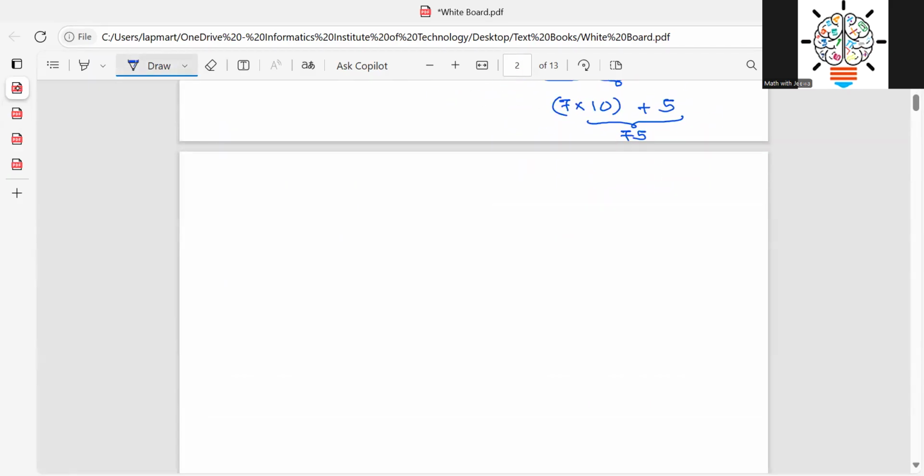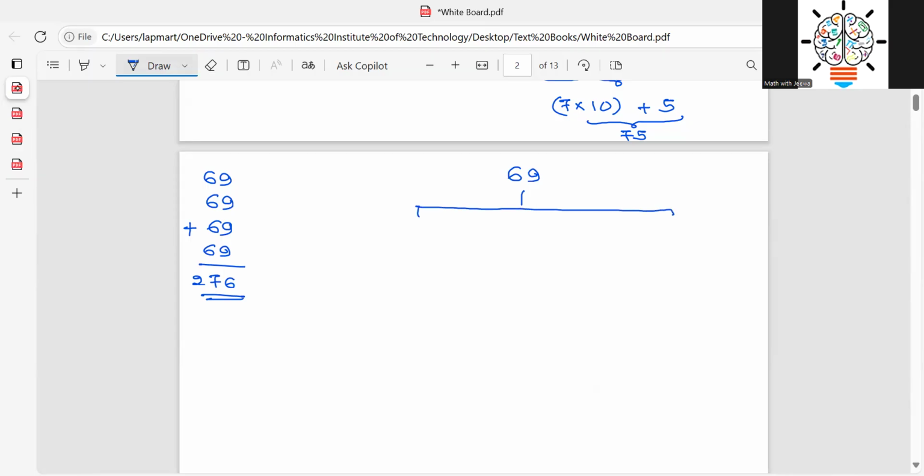Let's say they want to do 69, 69, 69 and 69. You add them together, right? When you add 69 four times, or multiply it by 4, it gives me 276. Now what we are going to do is write 69 in a different way. How am I going to write 69?